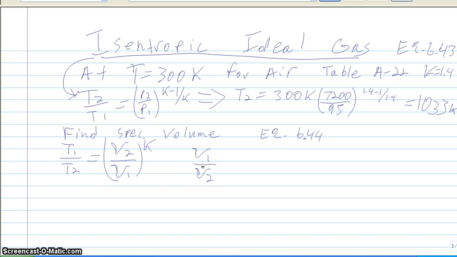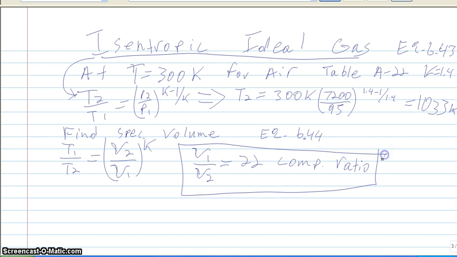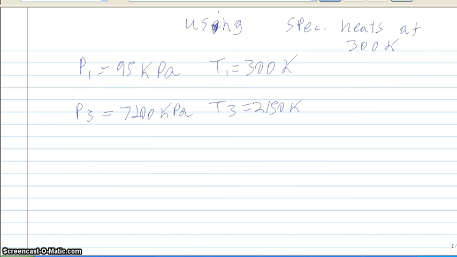If you do some algebra, you'll find V1 over V2 is equal to 22, which is the compression ratio, and also the first thing they want us to find. So that's part A.